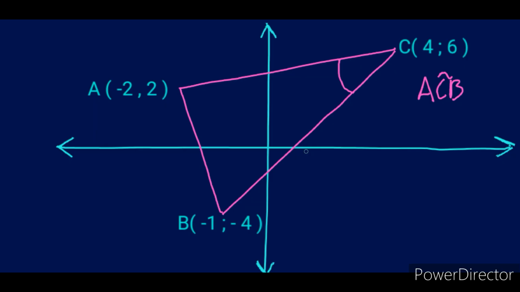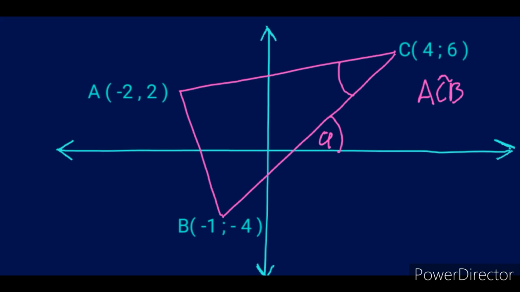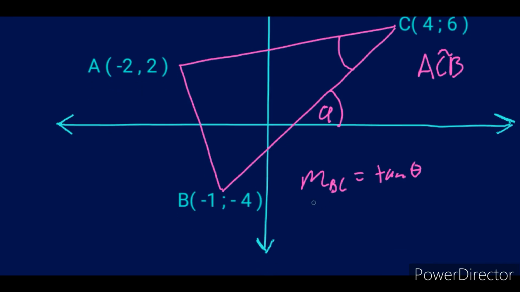So this is not the situation of two acute angles. Let's find the angle of inclination of this line. So we're going to have the gradient of BC, which equals tan theta. So this is going to be 6 plus 4 over 4 plus 1 equals tan theta.